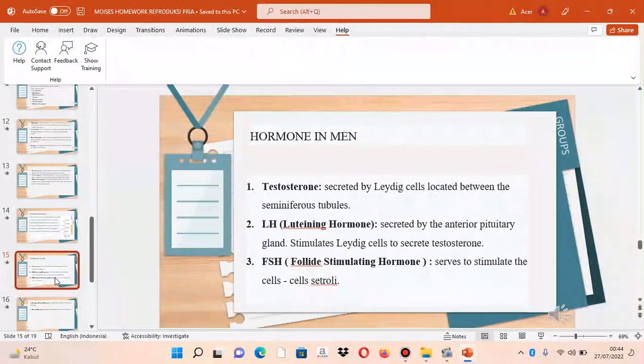So the next, we talk about the hormones in the man. The hormones in the man are divided into five parts. The first is testosterone.